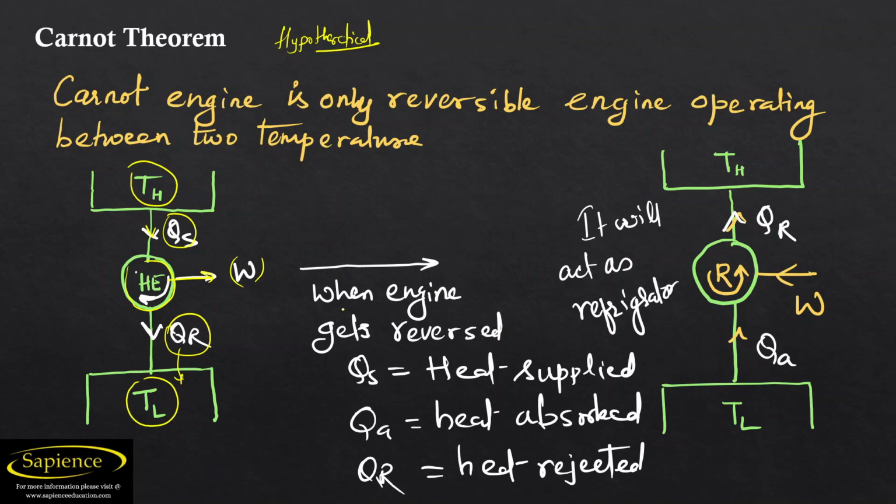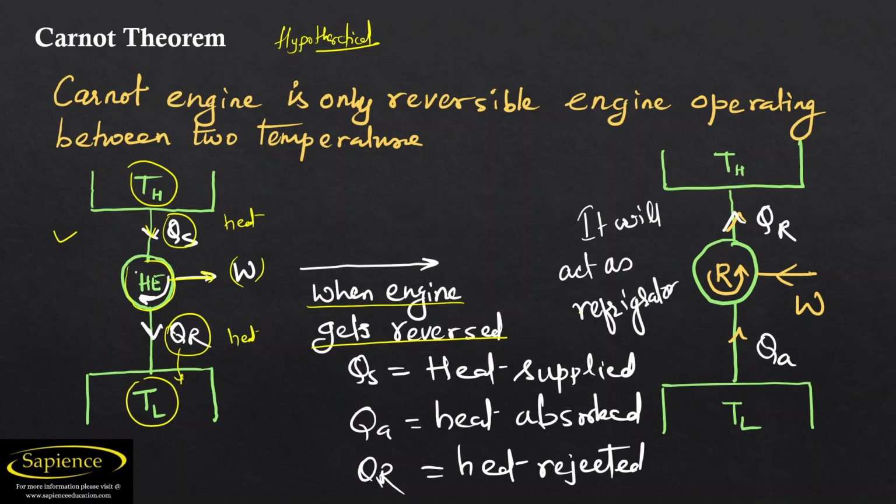Now when the engine gets reversed, what will happen? It will act as a refrigerator. Why a refrigerator? Because in the earlier case, the heat engine absorbs heat and rejects heat.